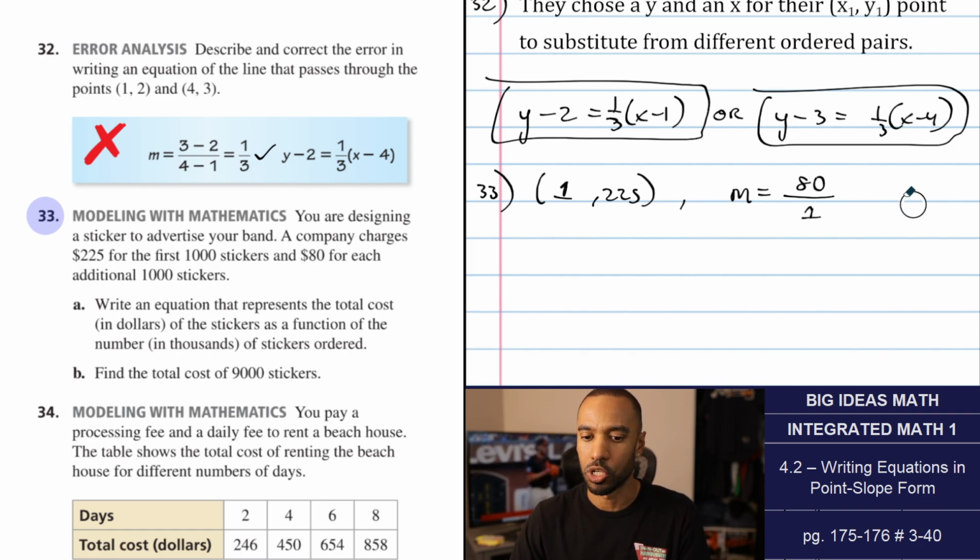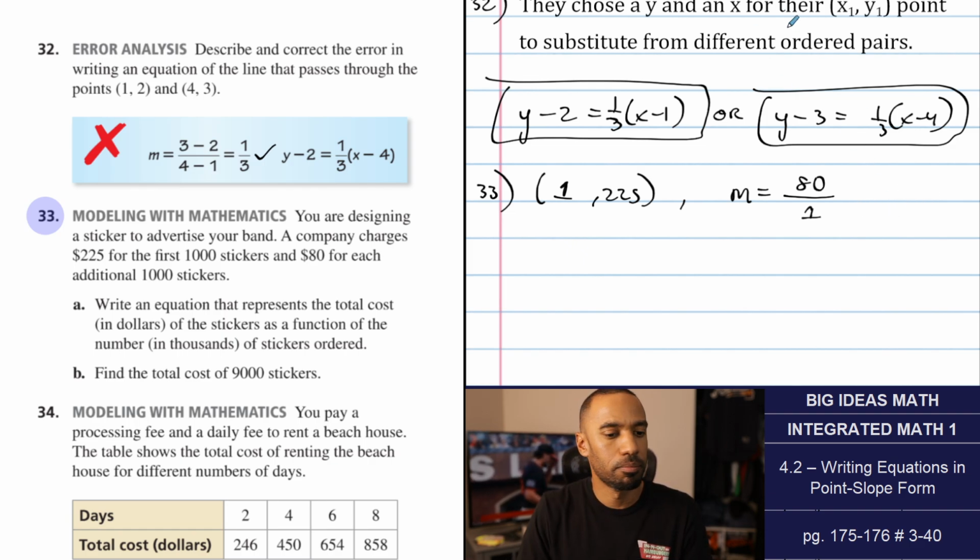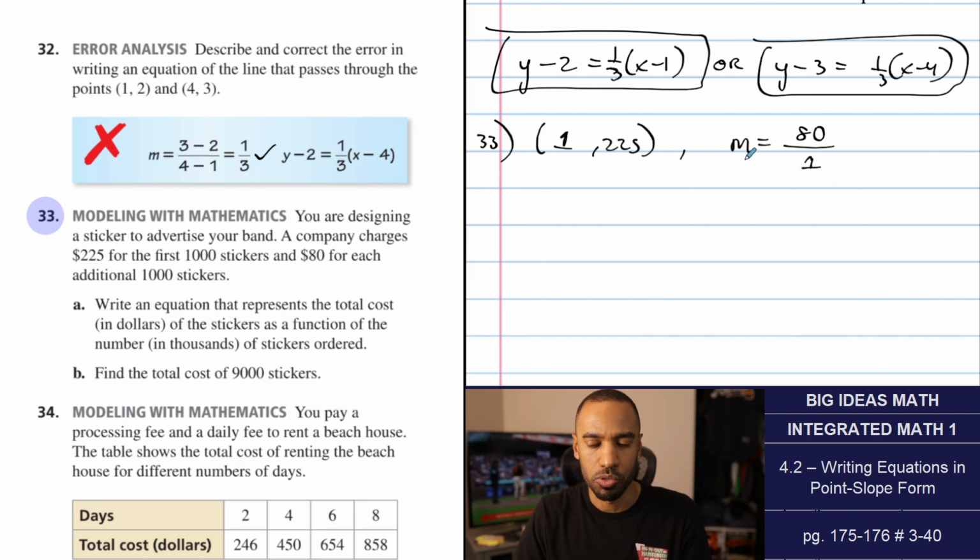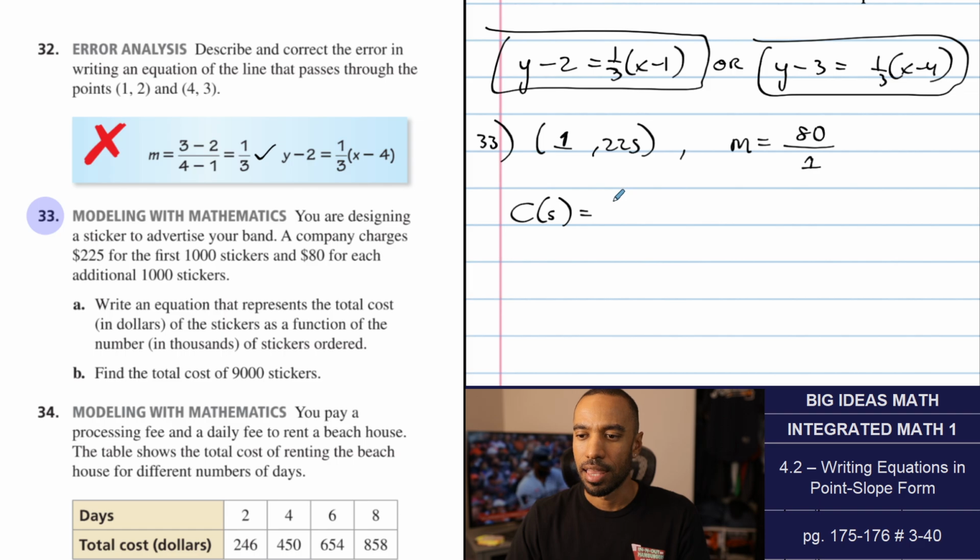So instead, our equation will look like this. Let's not use y and x. A company charges $225. So our charging or cost, I'll say C, and S for stickers, sure. C sub S equals, hold on a second. You know what? I'm going to use y next to begin with.